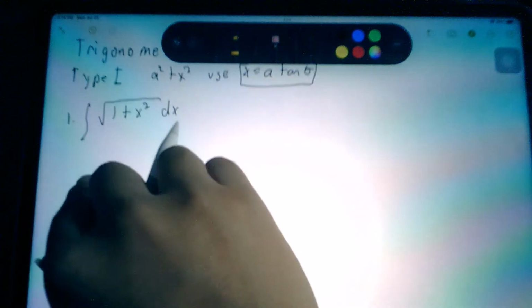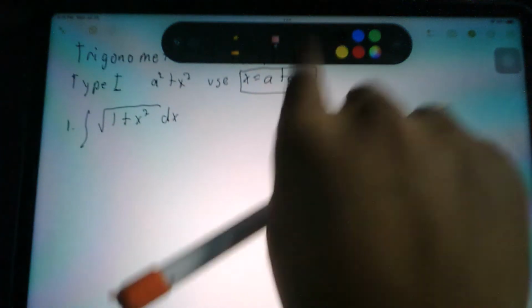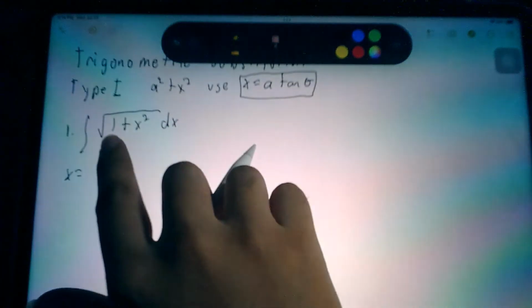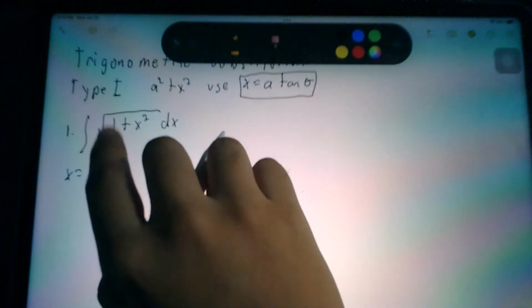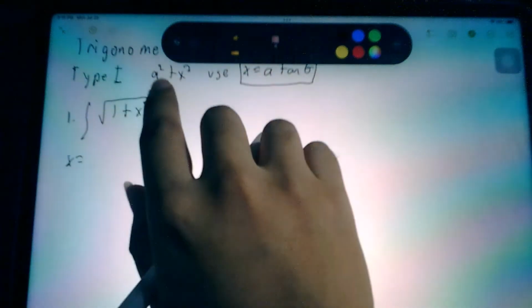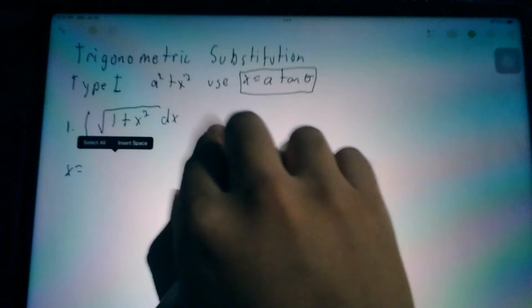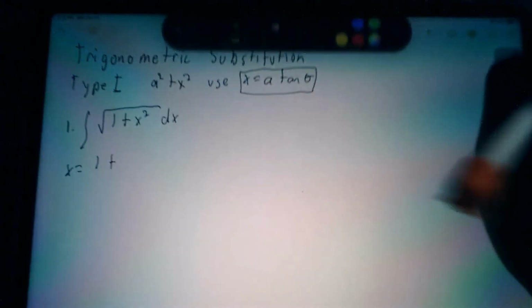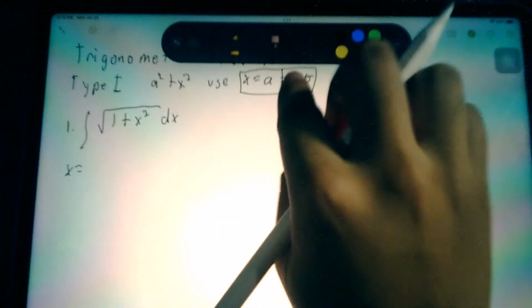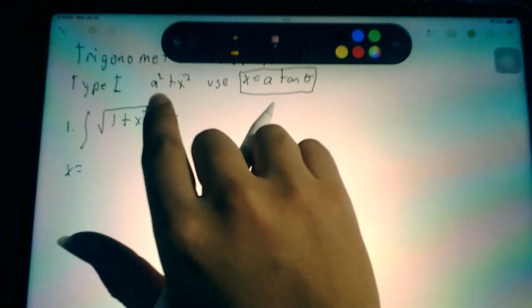Now we use x as a tangent of theta, so x equals, our a here is 1, the square root of 1 is just 1, so x equals 1 tangent theta.